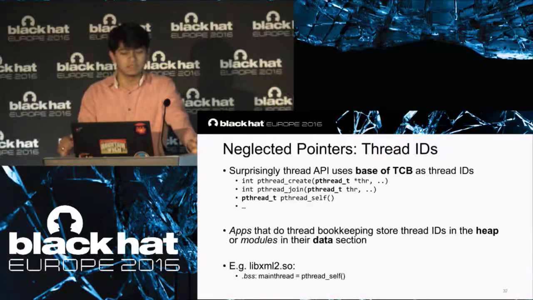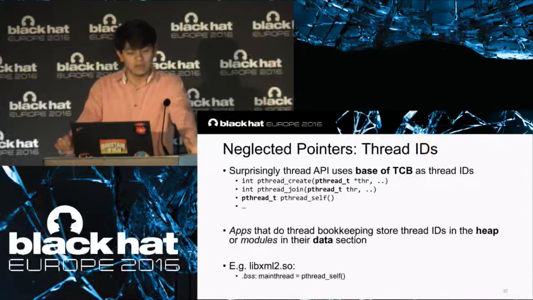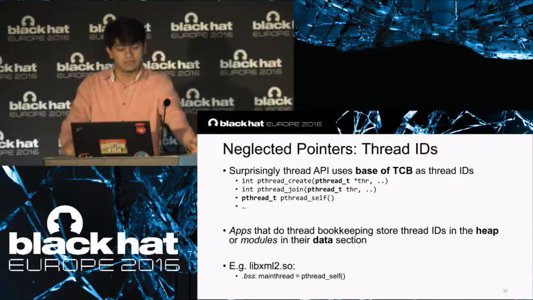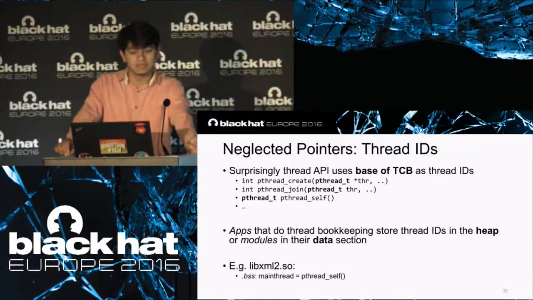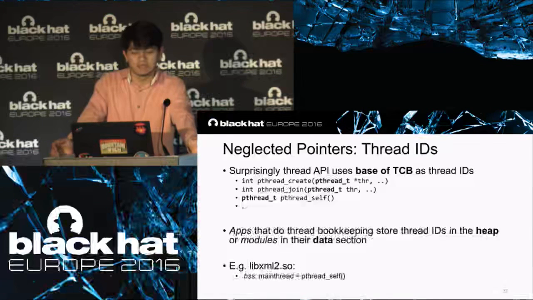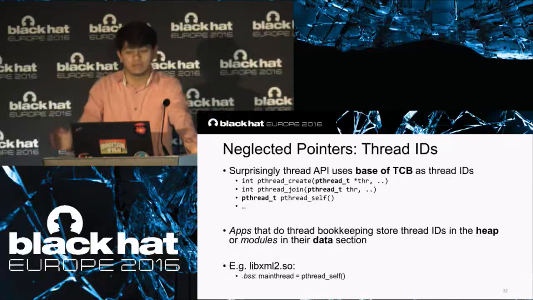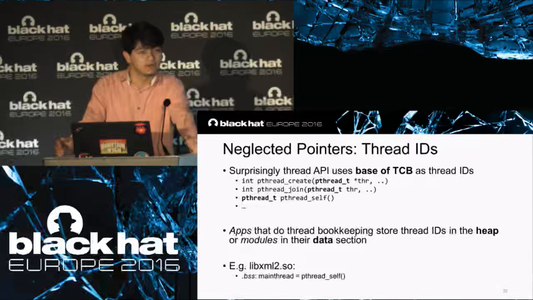Another interesting one is the thread IDs. The pthread API, so the API for creating threads and managing threads, uses a thread ID, the pthread_t type, but this type is not just some number that indicates the nth thread, but it's the address of the thread's TCB block.